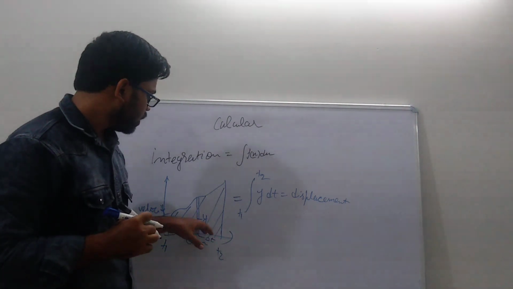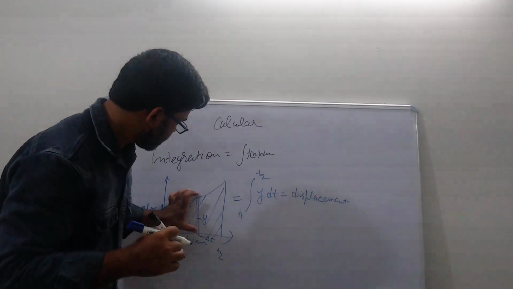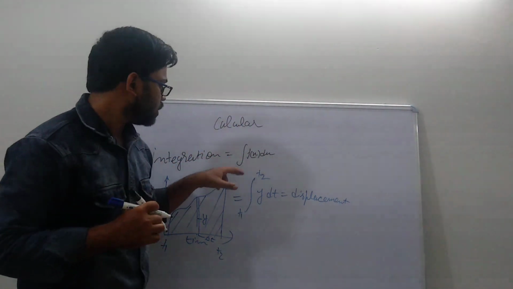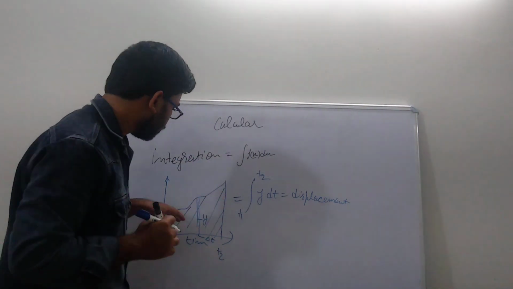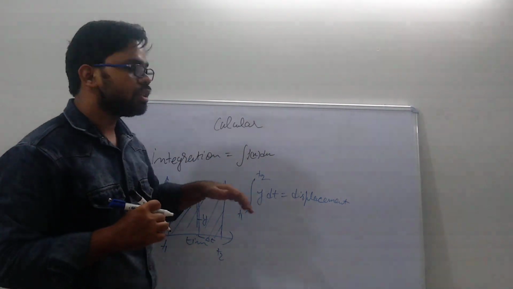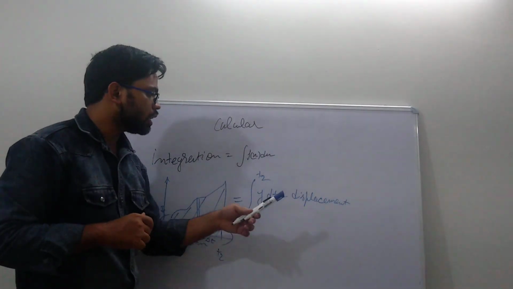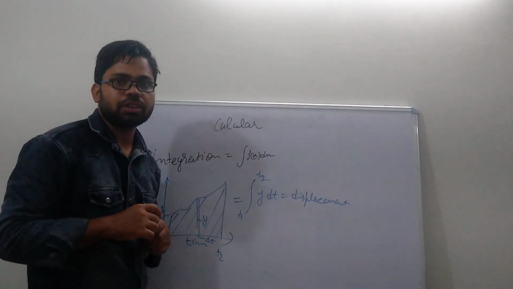When we are about to add, we need to perform integration. Adding the product up to some limit is known as a definite integral, and it's very useful in calculating work done, displacement, and other quantities you encounter in the coming chapters of physics. Thank you.